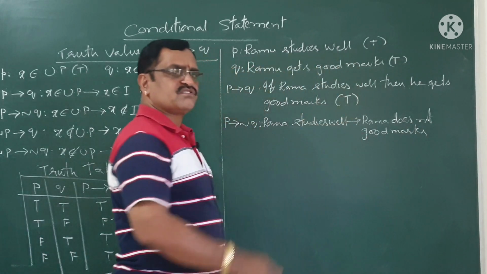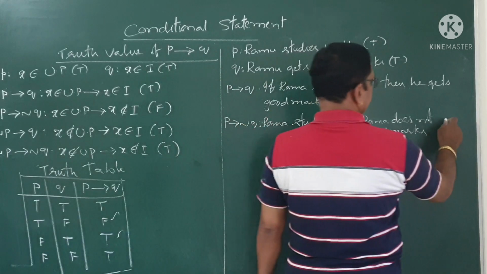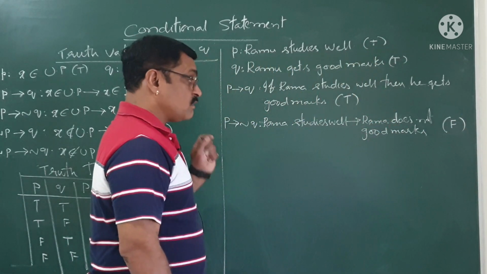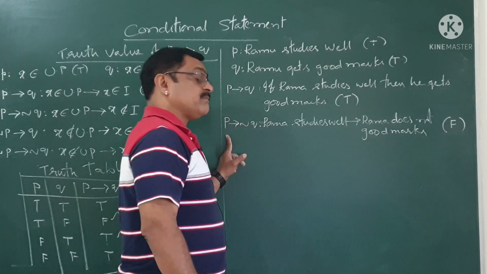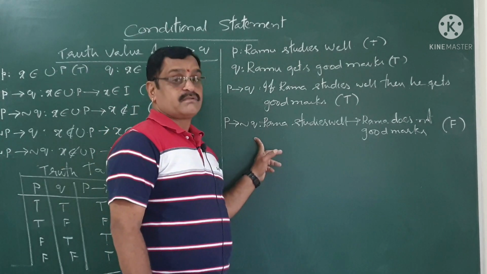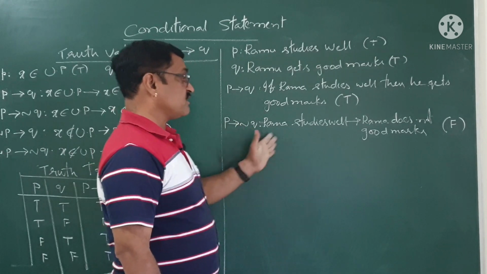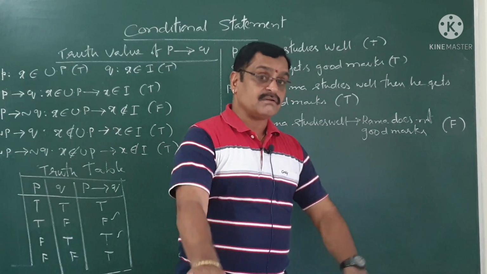So we don't accept this statement. So this is false. I want to tell you, a true statement cannot imply a false statement. It is true only when the two statements don't have any relation.